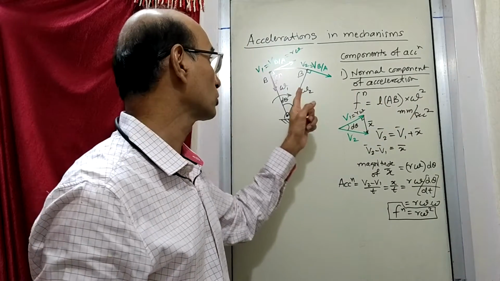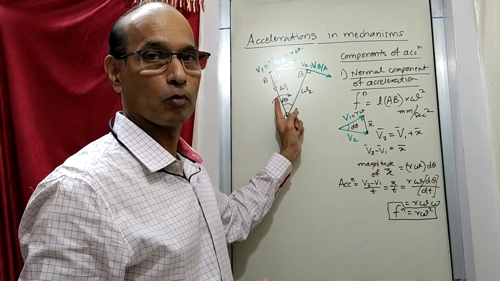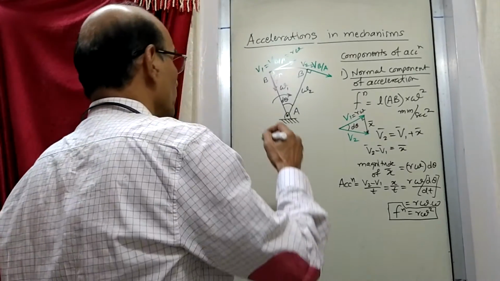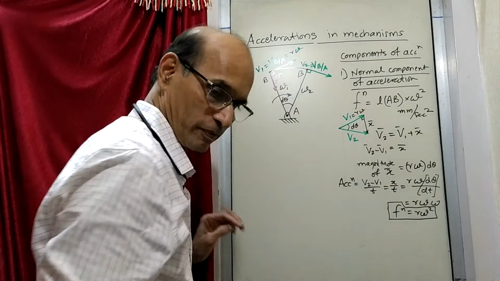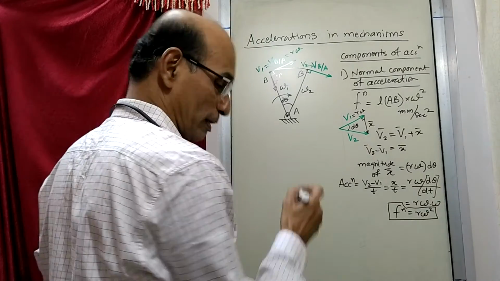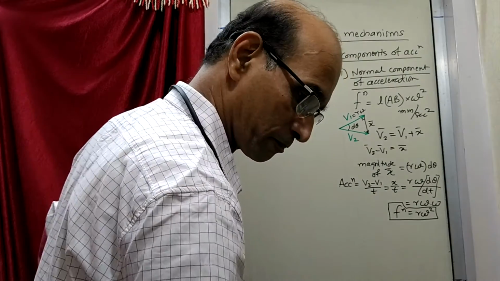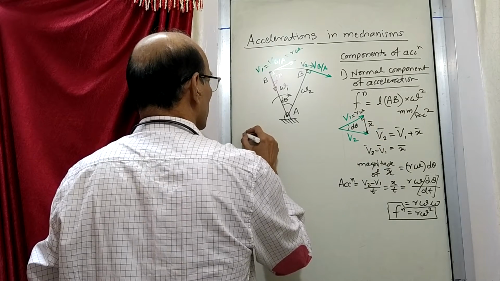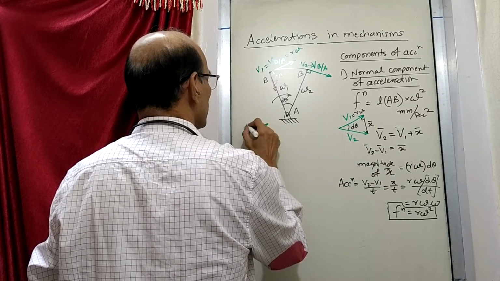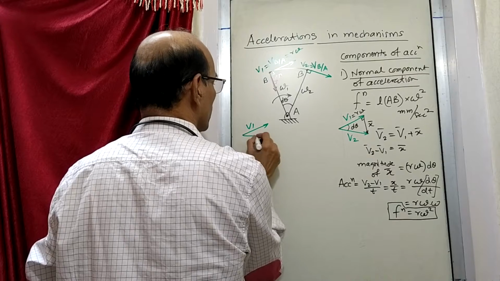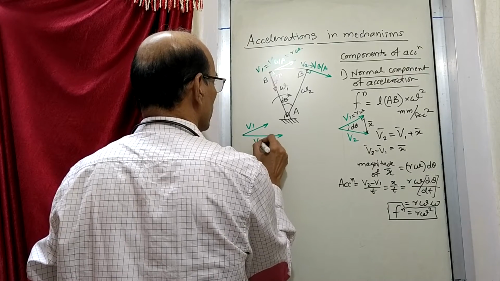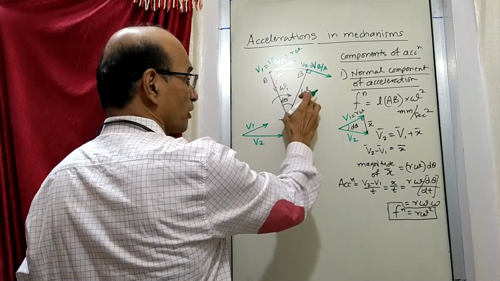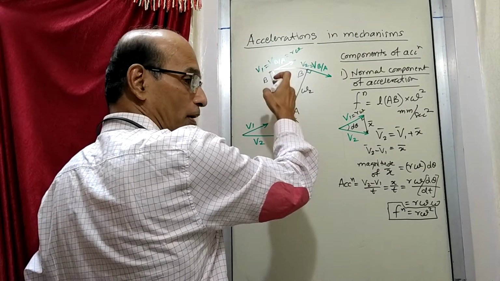Now omega is not constant, it changes from omega 1 to omega 2. In this situation, what happens? That is what we are going to see. So you will notice here that the velocity vector, if I draw it in a similar way, the first vector will be like this, and then the second vector will be like this. So you can see the velocity has increased because, let us say, omega 2 is more than omega 1.